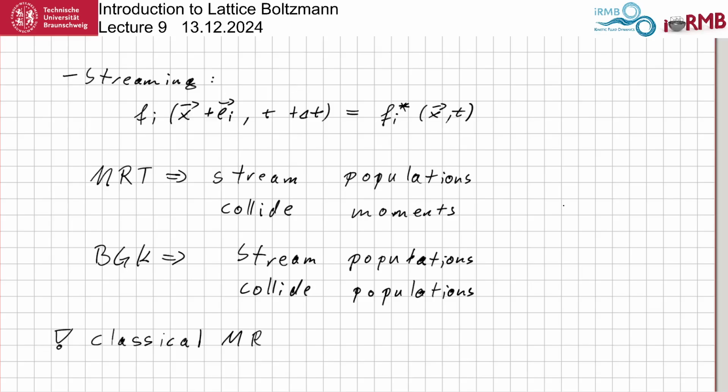Okay, classical MRT uses an orthogonal matrix. So they somehow insisted, yeah, so these guys like matrices, and now they're interested in the property of their matrix, yeah? And then they ask, is my matrix orthogonal?